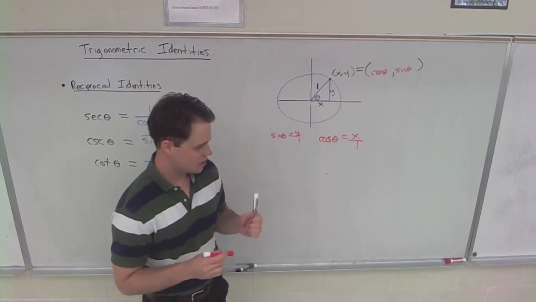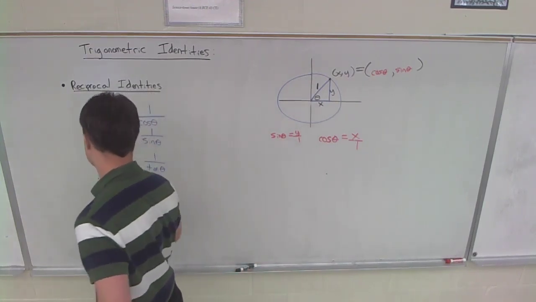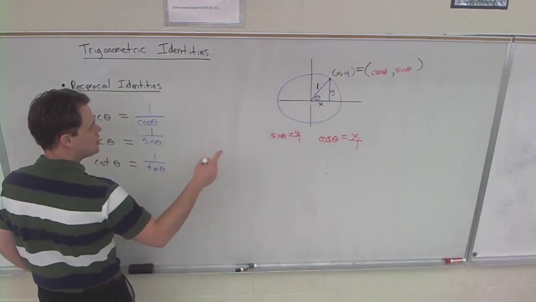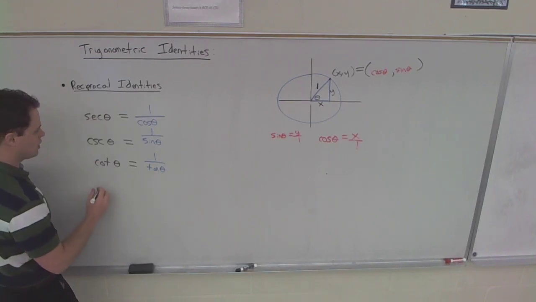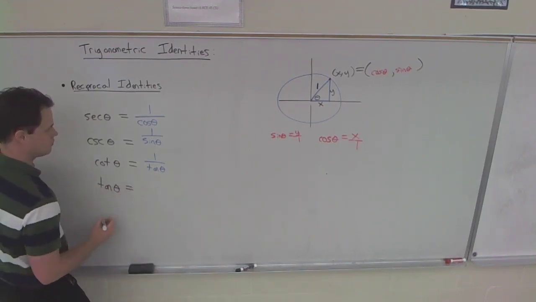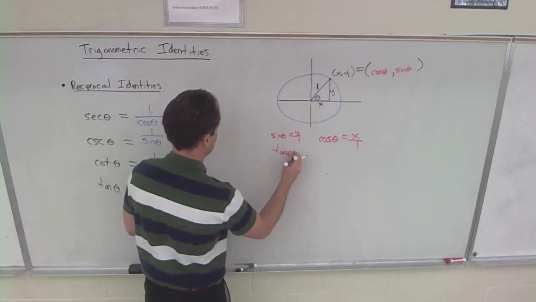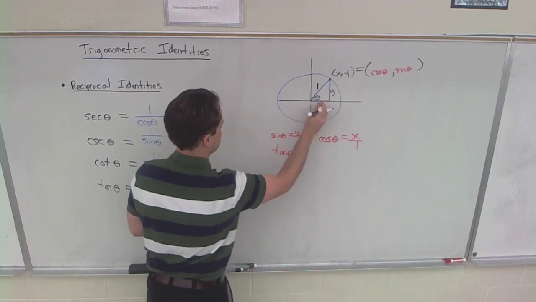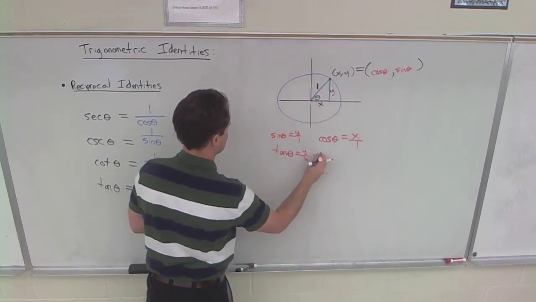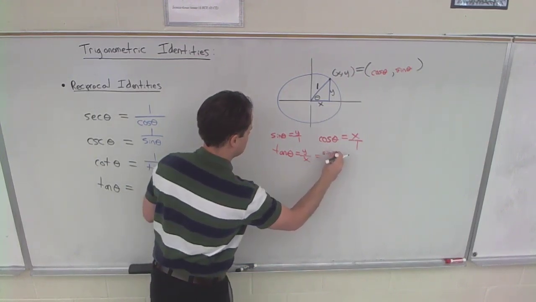So this gives us another one of our identities. It's not really a reciprocal identity. I'm just going to put it down here. So if sine is y and cosine is x, what's that mean about tangent? What have you been using to do tangent on the unit circle? Tangent is opposite over adjacent, and for us, y was sine and x was cosine.